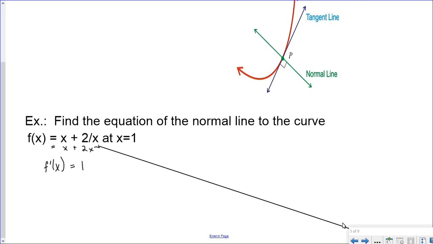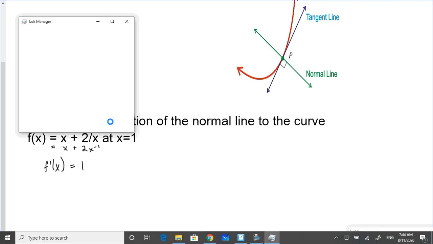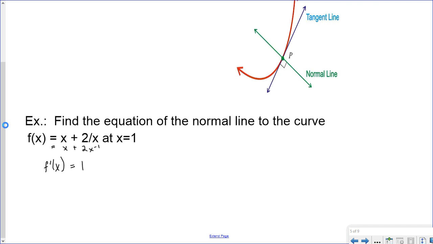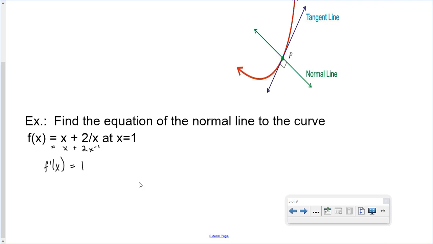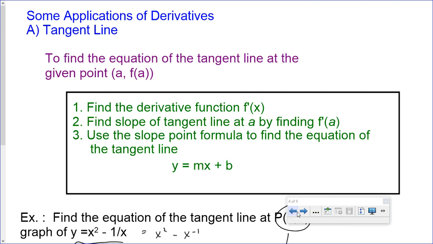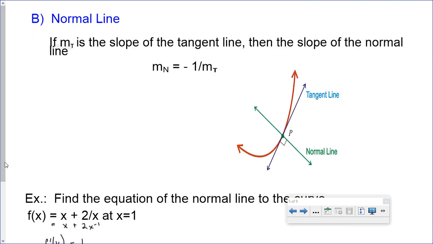Sorry, I'm frozen here. Oh, there we go. I think we're good now. Let's backtrack a little bit. I'm going to clean this one up.